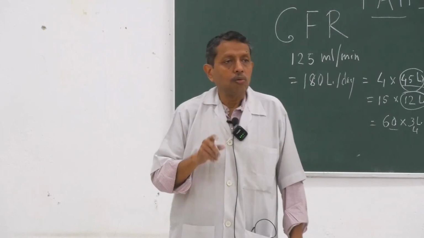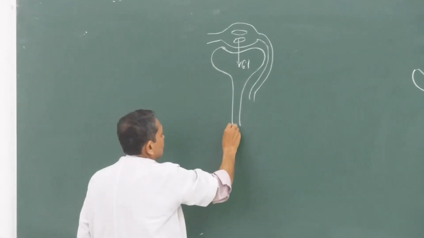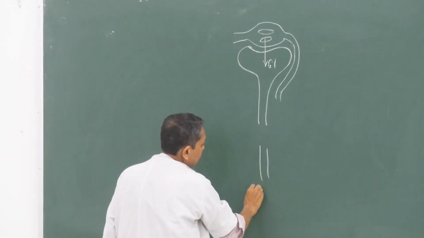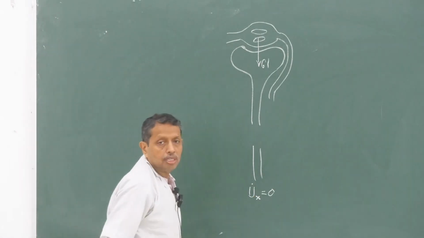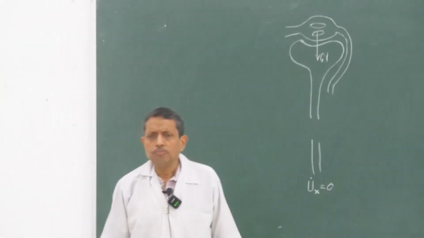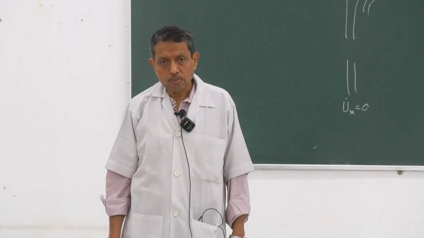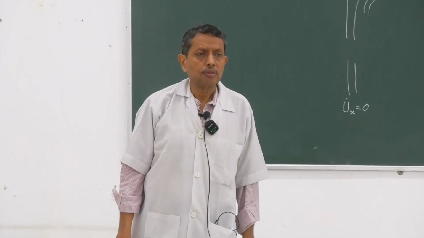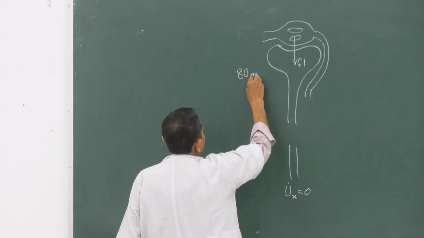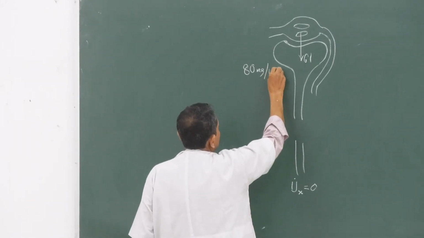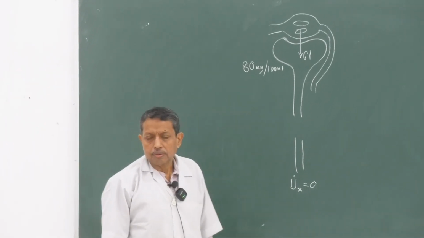So we can discuss this with glucose. Glucose is freely filtered. Normally, in the urine there is no glucose. You all know the plasma glucose concentration. For a typical value, you take from the textbook, it varies.